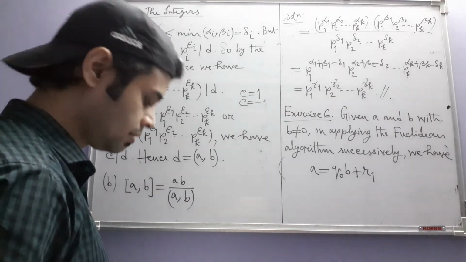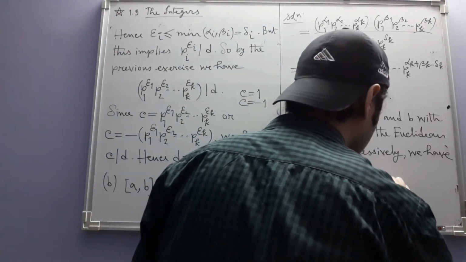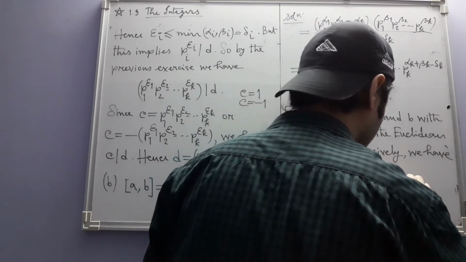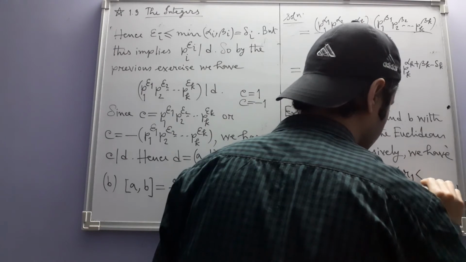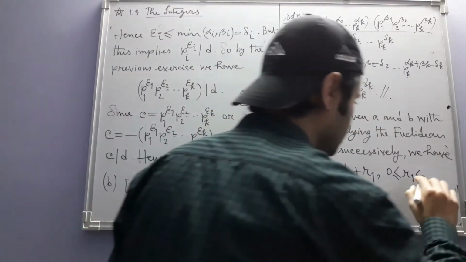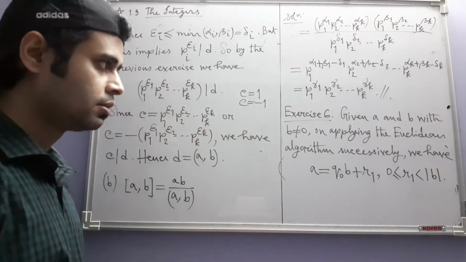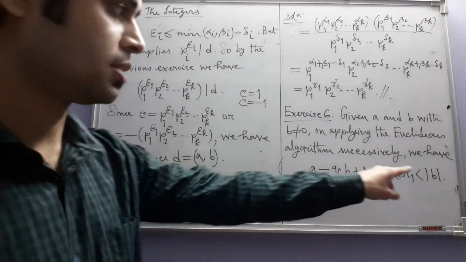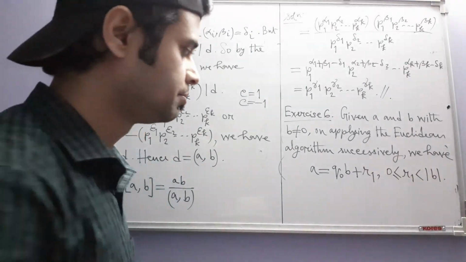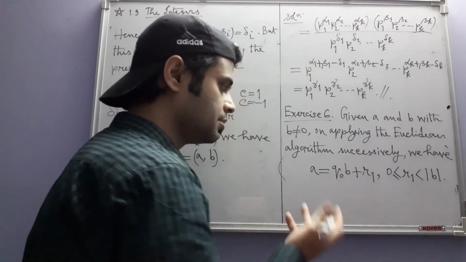It could have been written r naught anyway, r1, where r1 is non-negative and its value is less than the absolute value of b. Note that b is a non-zero integer, b can be negative also, that's why we are taking absolute value. Now it may or may not happen that r1 is 0.